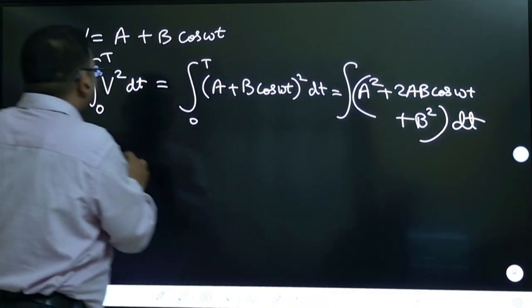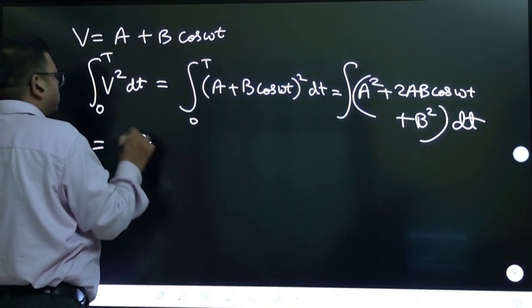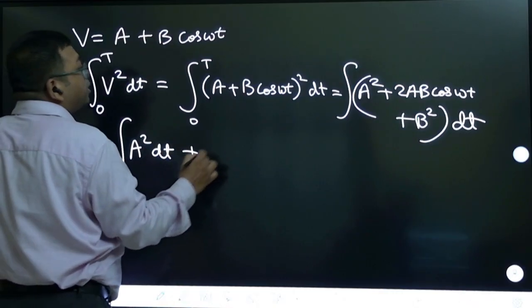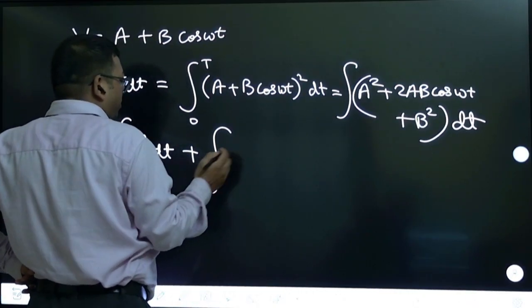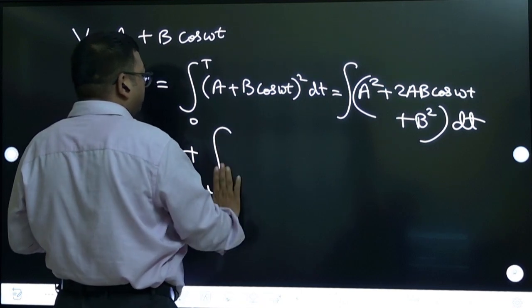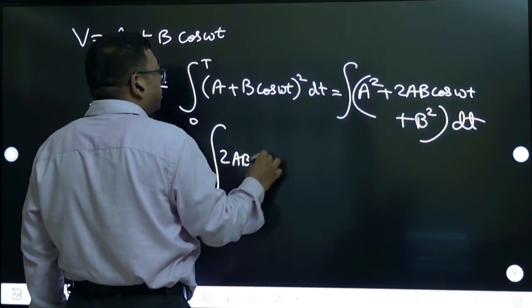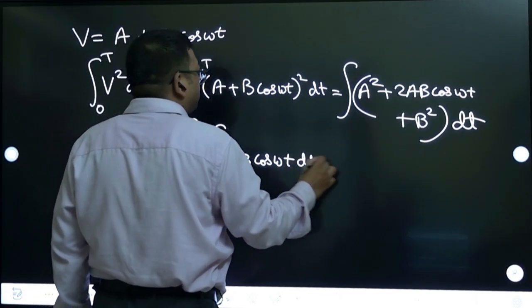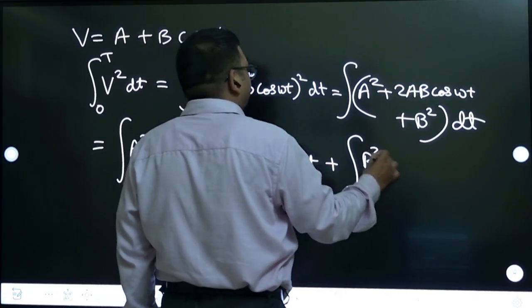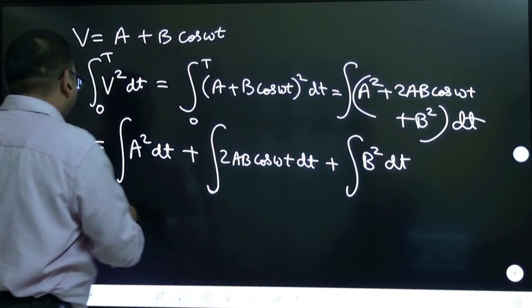Let us open this. It will become A square dt plus 2AB cos omega t dt plus B square dt. Open these three terms.